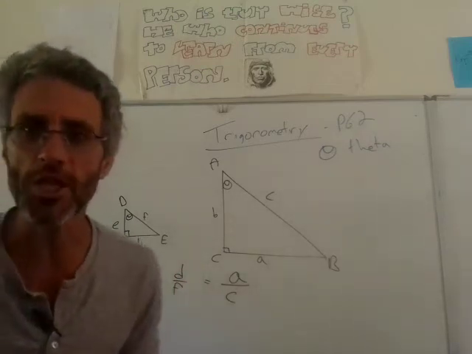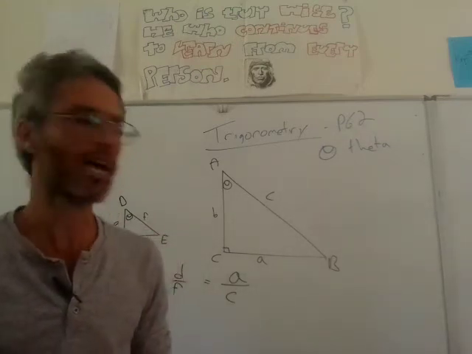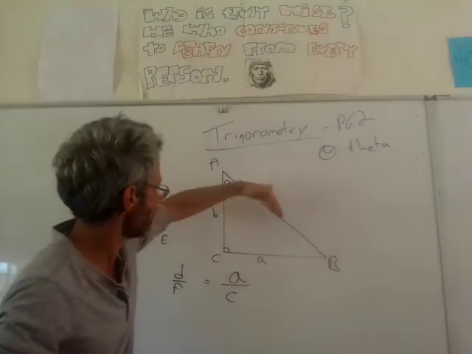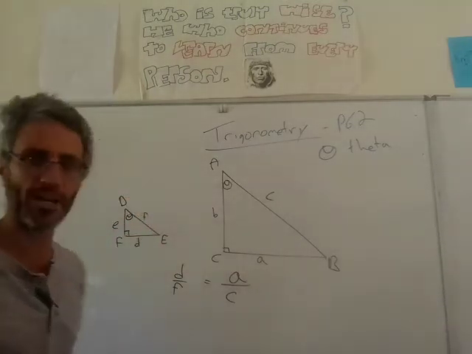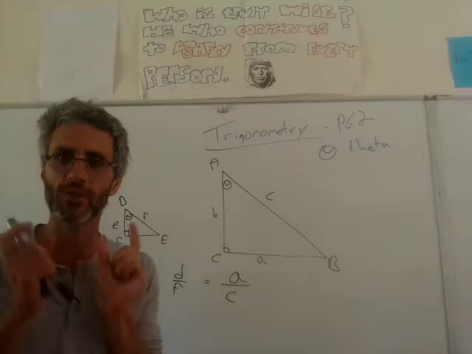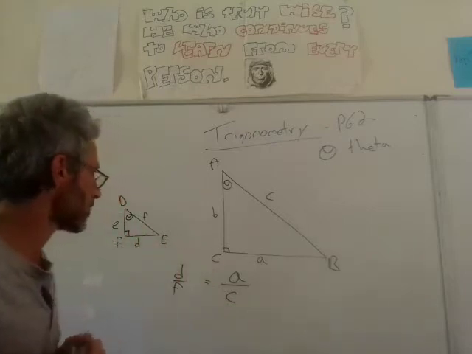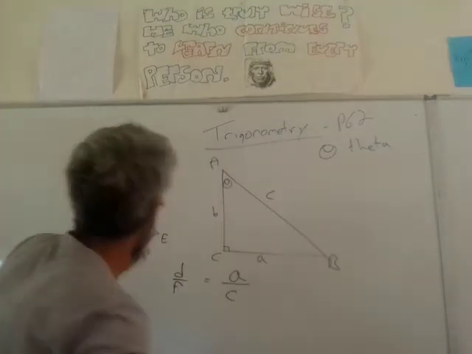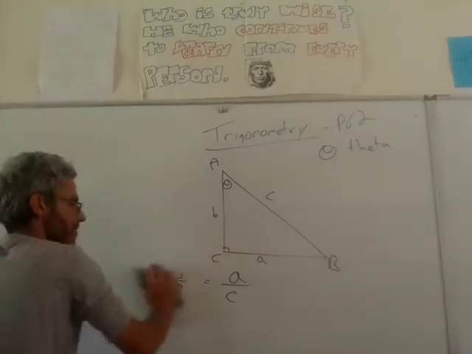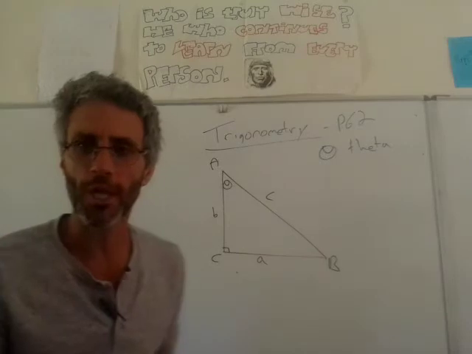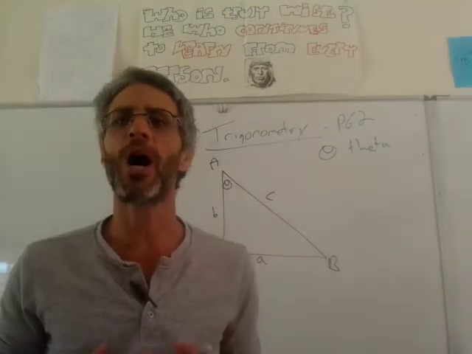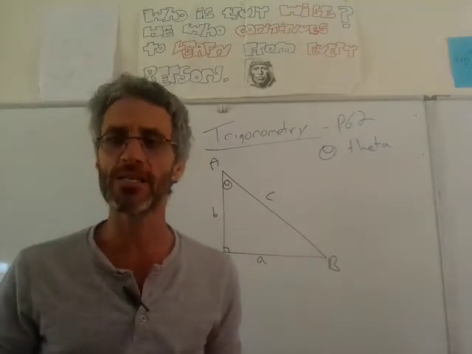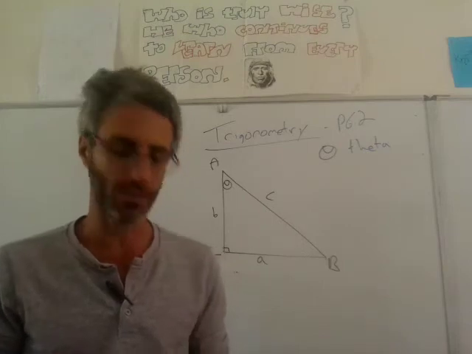There's a certain ratio between the sides. a divided by c is equal to d divided by f. This is the place to start. So at that point, I get rid of that triangle, because what Trig is all about is the ratio between sides in a right angle triangle.